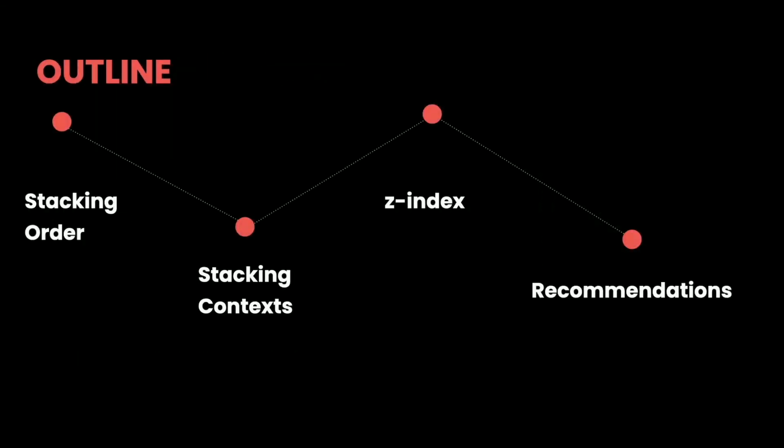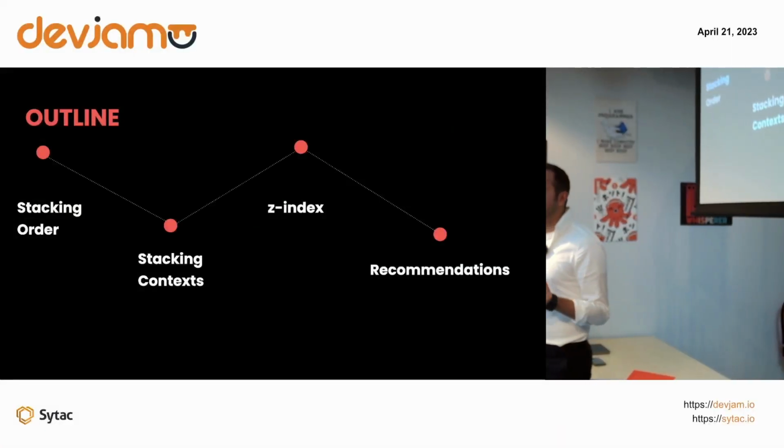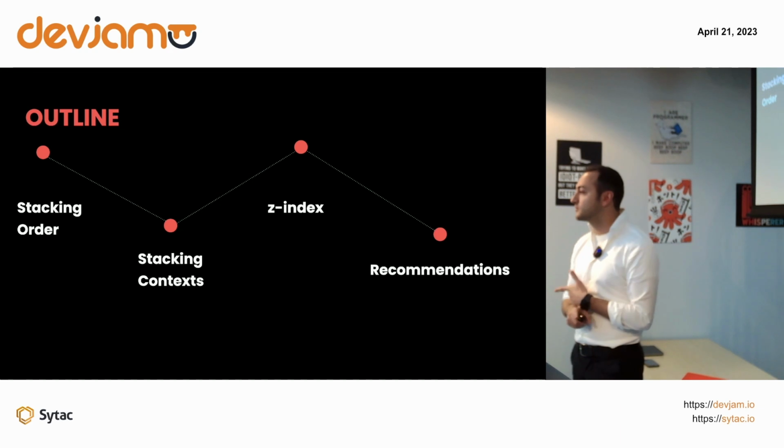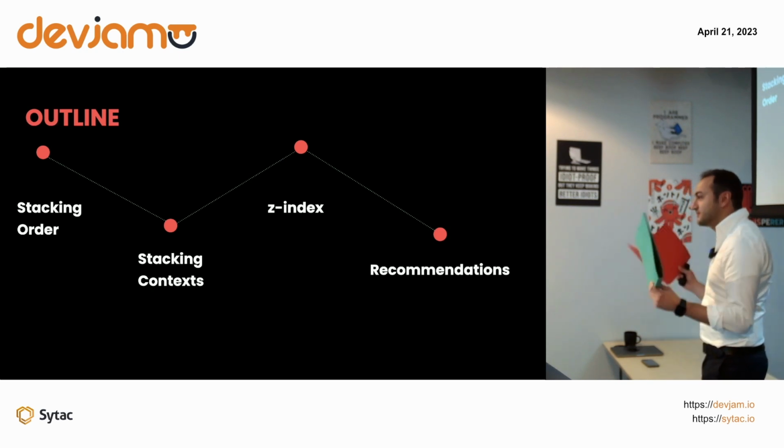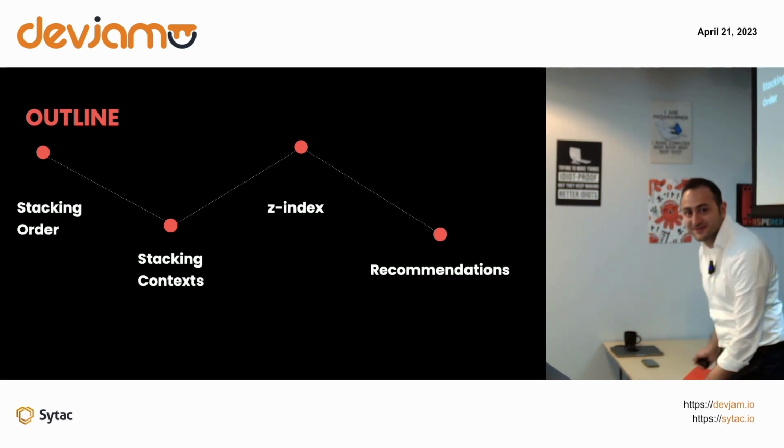So in the talk today, we're going to talk about four things. The stacking order, what is it, what's the algorithm? We're going to develop it throughout the talk. I'm going to talk a bit also about stacking context. Then we cover Z-index. I've got some props with me, bought them from the action. They will prove to be helpful, I hope.